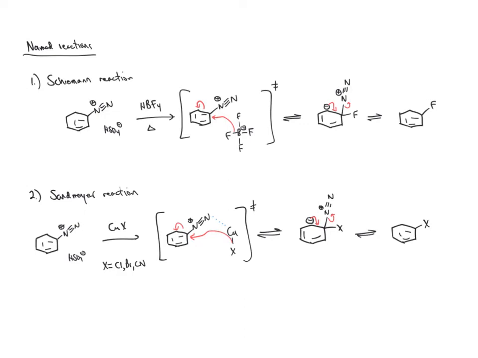Now there are other types of reactions of benzenes that don't really fit in the category of electrophilic aromatic substitution or nucleophilic aromatic substitution or even reactions of diazonium salts, but nevertheless they are important for functional group manipulation. And so what are some of these? Well, I'm going to give you our list of name reactions.